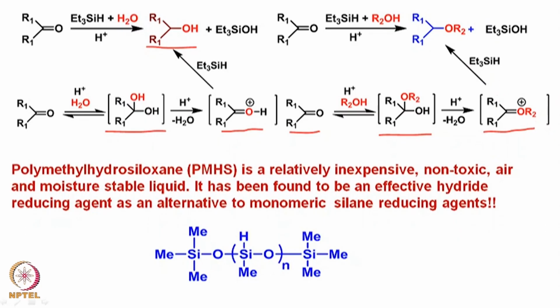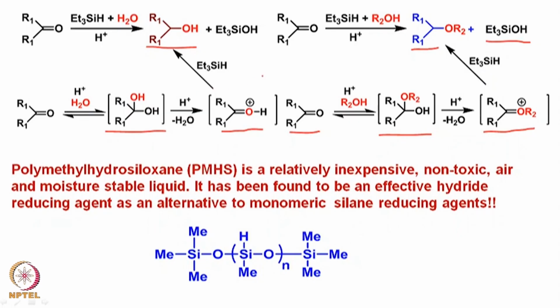And now when this oxonium ion gets reduced with triethylsilane, then of course we get the corresponding ether, and of course we'll get the triethylsilanol as the byproduct. Now this is how the triethylsilane has been utilized for the reduction of carbonyl compounds under different conditions.